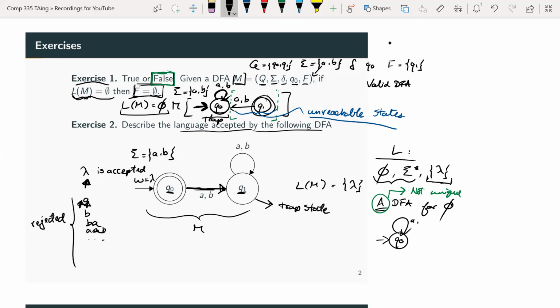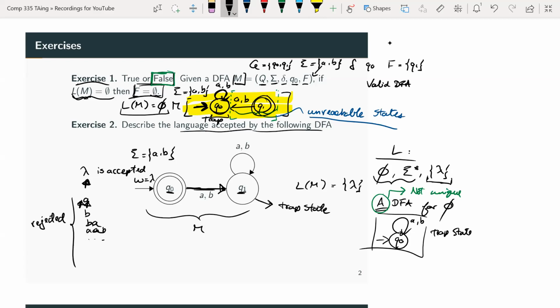state a trap state. Similar to the example we did here, except that I removed that unreachable state, and now I have a single state here. That single state, the initial state, is a trap state.